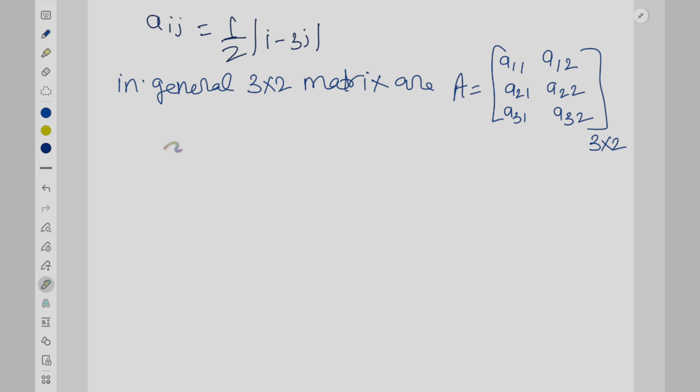First we find A11. Here the value of i is 1 and the value of j is 1.